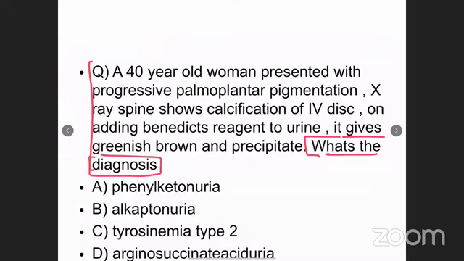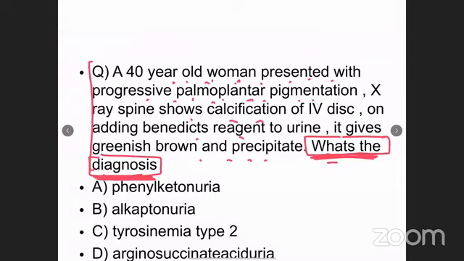So that it will be very clear when you start the question what you are looking for. Else, you will read the entire question, reach the end, and then realize the examiner is asking for a diagnosis. Then again you will search for the clue to make the diagnosis. So better you read the last line so that it will save your time. What is the diagnosis? So now I have to look for the diagnosis.